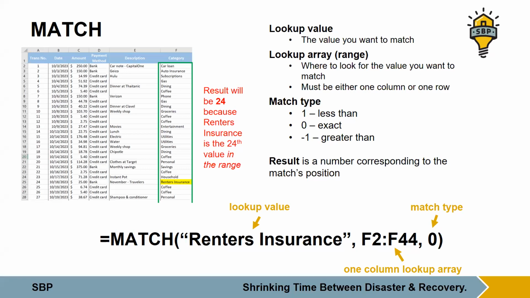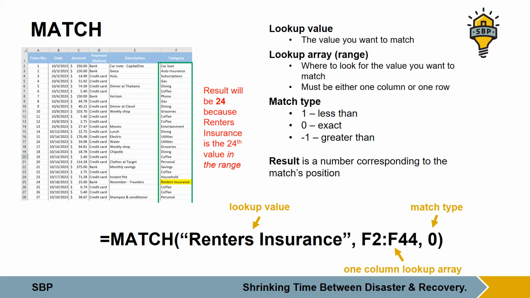And -1 is greater than, which is not the most logical thing to me, but whatever. So for instance, if you know it was around $150 and you want to look for something less than 150, like 149.99, that would return that result. The result is a number corresponding to the match's position. So it is an ordinal number within the range. So I did not include row 1 in my range.